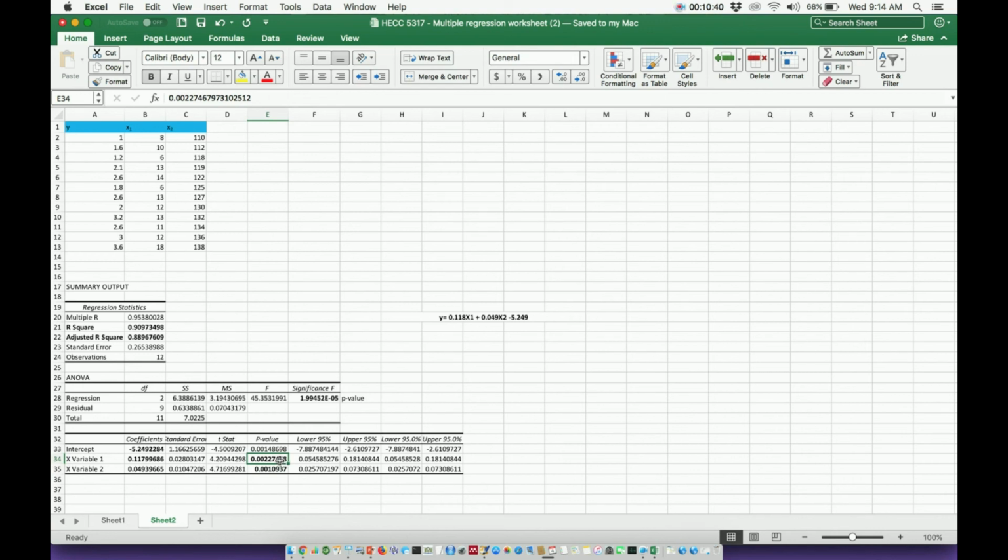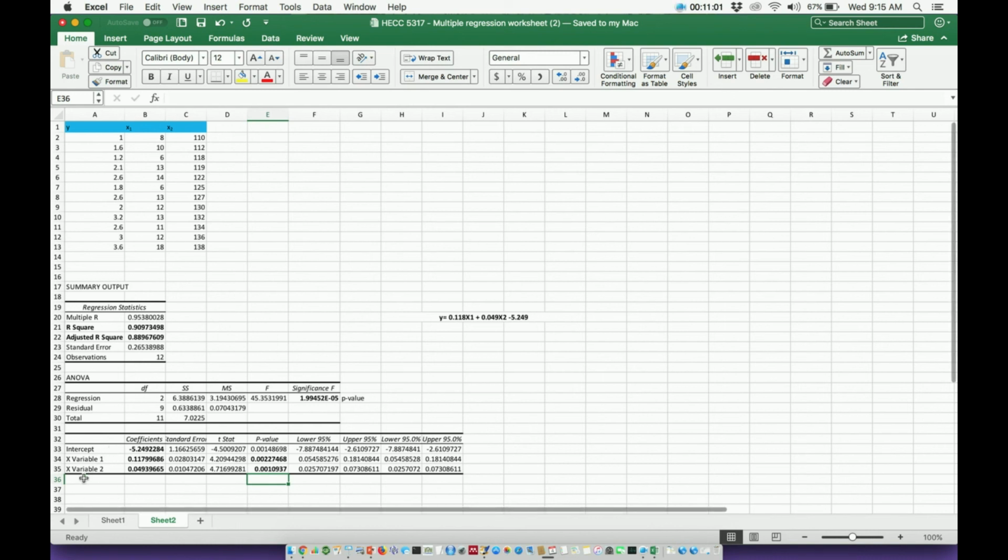So in this case, both variables x1 and x2 are below 0.05, therefore they are both significant contributors to this model. So I include them both. If, for example, I had a third variable and its p-value is like 0.6, I would not include that one, even though I put an x3 into the regression. I would not put x variable 3 into the model because 0.6 is much greater than 0.05. Therefore, this variable, hypothetically, is not significant in contributing to the model. Okay?